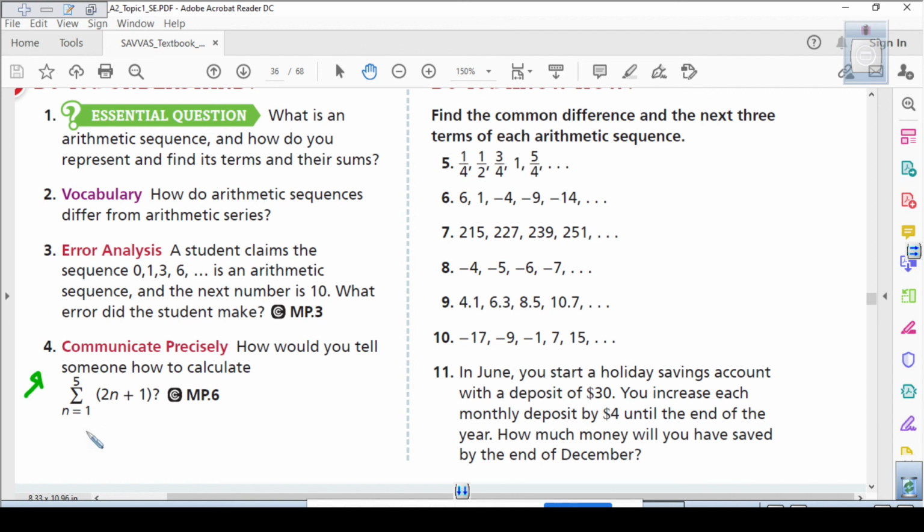Anybody else? How many are you adding here in number 4? You're starting at 1, but how many terms are you adding? Remember, this is a starting point, and this is an ending point. Yeah, because you're going to add 1 plus 2 plus 3 plus 4 plus 5 terms. That's what it says. You're adding from n equals 1, the first term, all the way to the 5th term. So basically you're adding 5 terms.